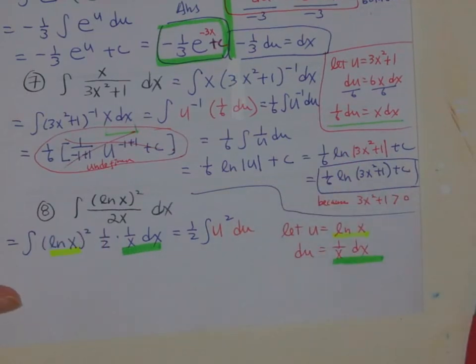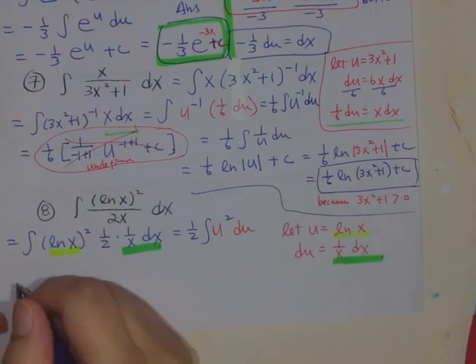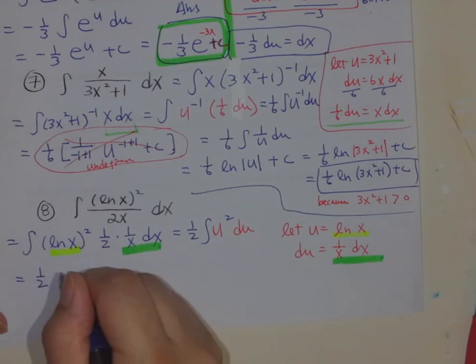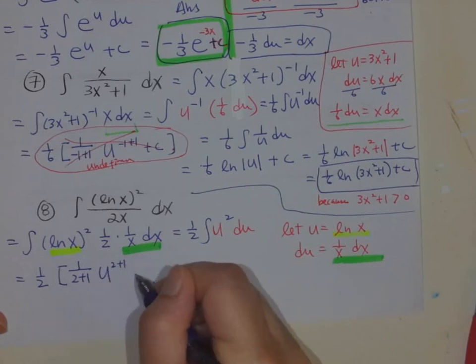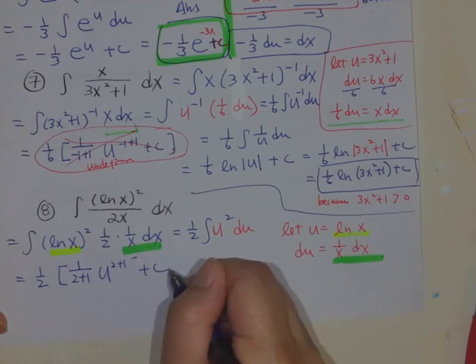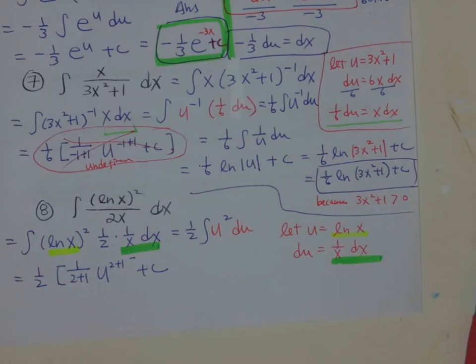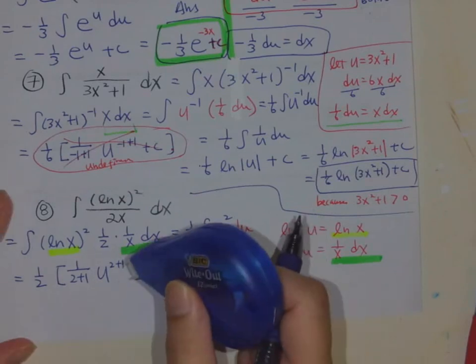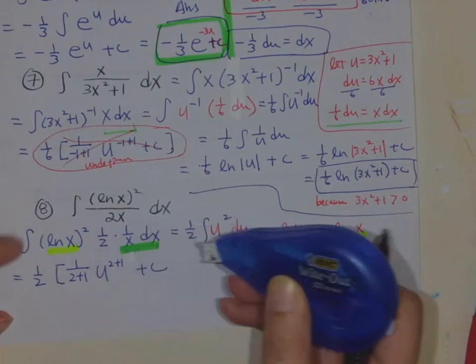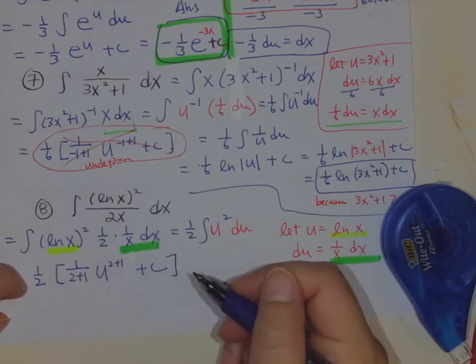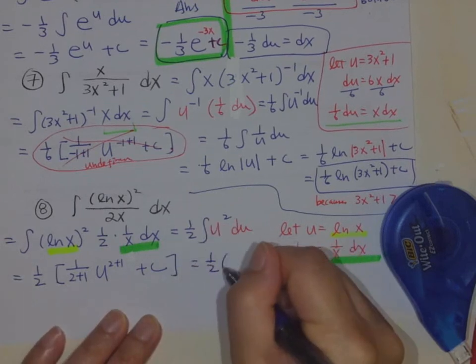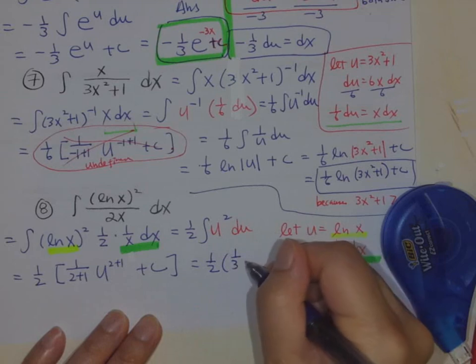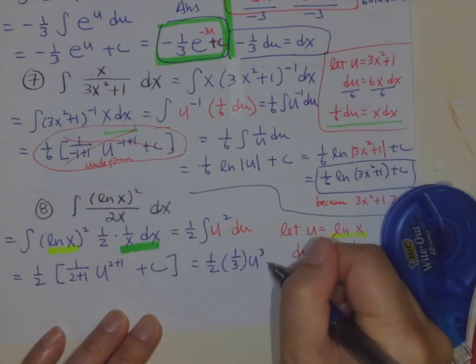Alright, so now I can take the integral, so it's going to be the 1/2 outside, and then inside here we got 1 over 2 plus 1 times u to the 2 plus 1, and then add a c. Whether the c goes with the 1/2 or not doesn't matter, the c is c. So it's going to be 1/2 times 1/3 u to the 3rd power plus c.